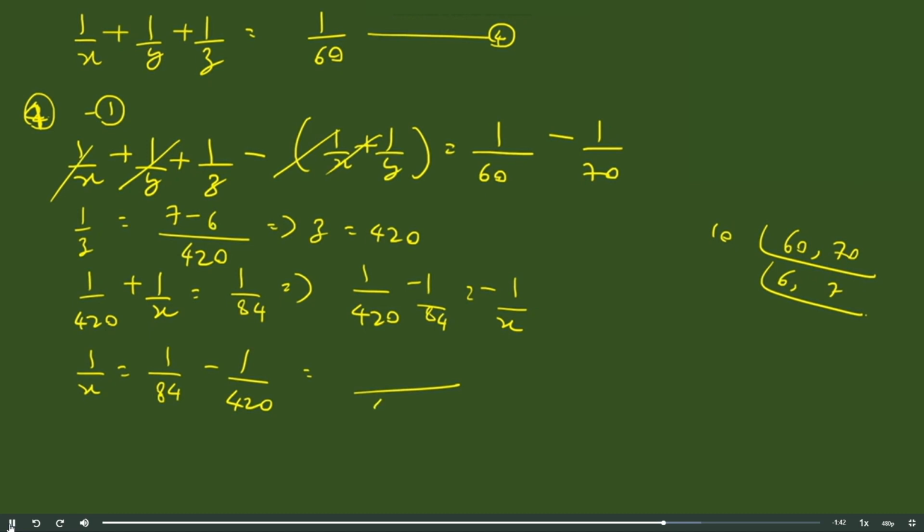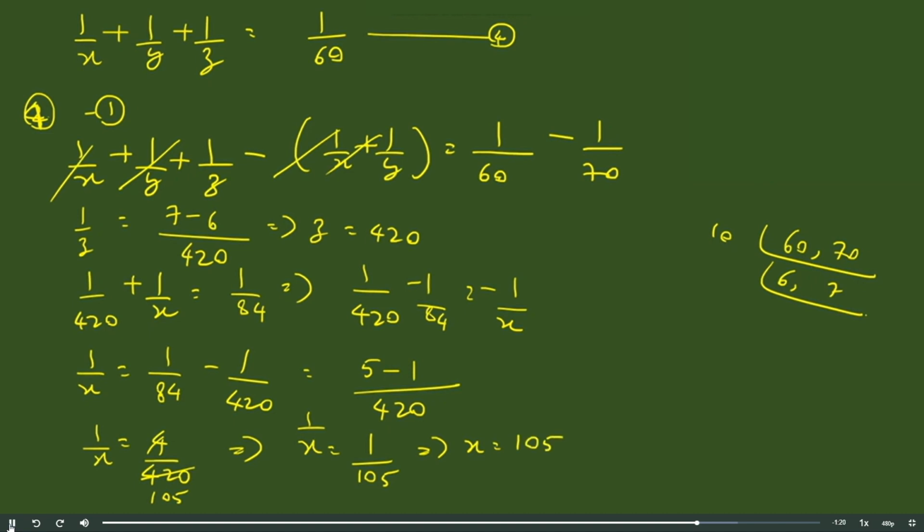Take the LCM. LCM is 420. 5 minus 1. 1 by x is equal to 4 by 420. 1 by x is equal to 1 by 105. x is equal to 105.